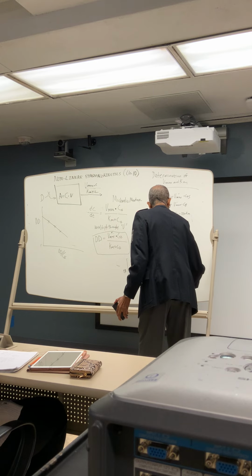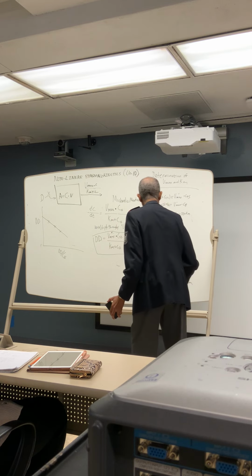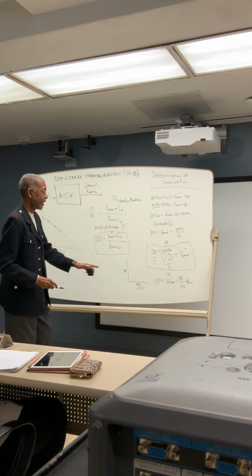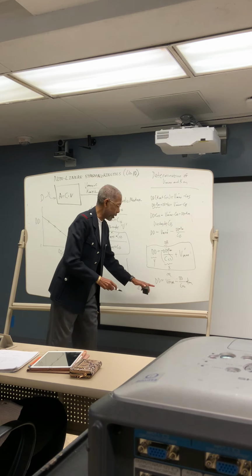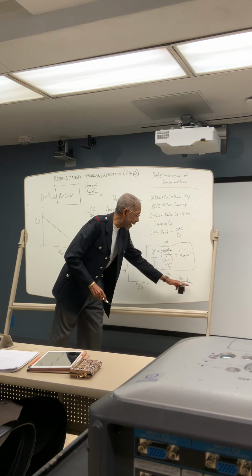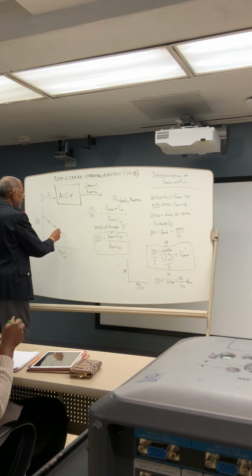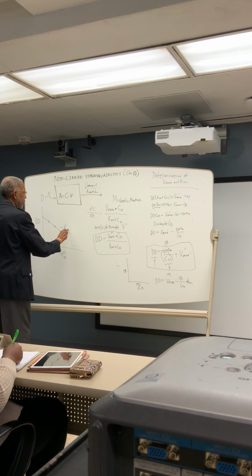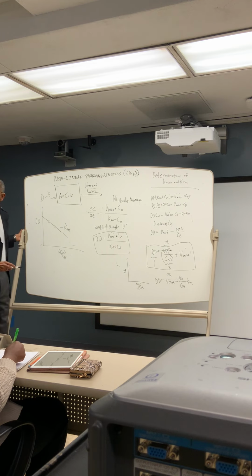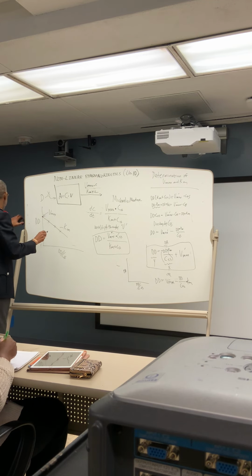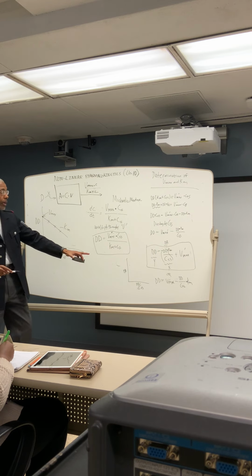Maybe you can see it better this way. So if I'm putting daily dose over C steady state on the x-axis, it's gonna have a negative slope associated with it. Y is equal to mx plus b, okay? So the slope of this line is gonna be equal to negative Km. The slope of the line is equal to negative Km. And this back extrapolated intercept right here is equal to V max, according to the equation.